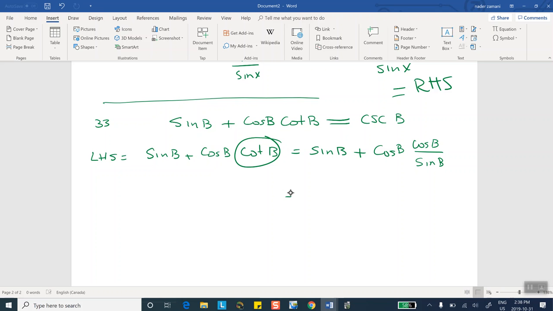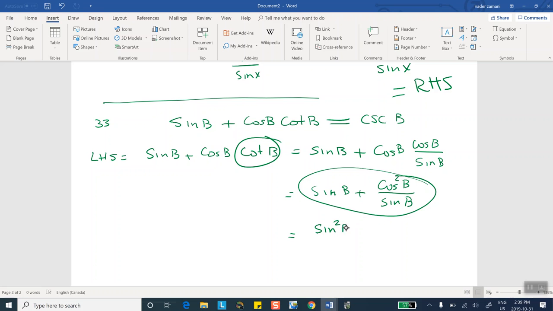And this is equal to sine of b plus cosine squared b divided by sine of b. Now notice that I can combine these two things using a common denominator, and the common denominator is sine of b. So this is sine squared b plus cosine squared b over sine of b.